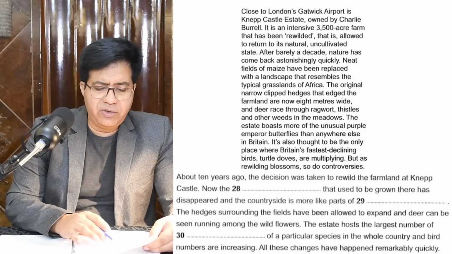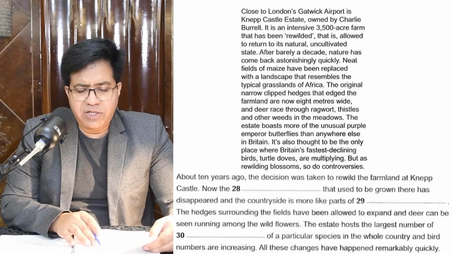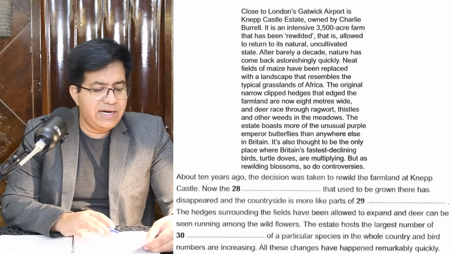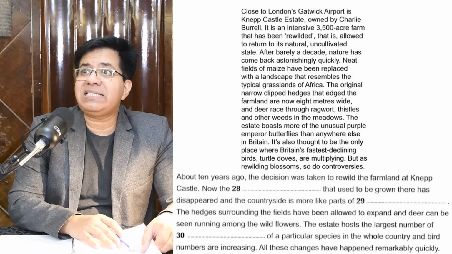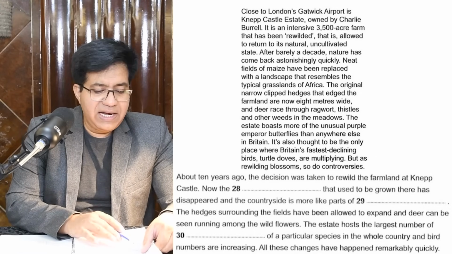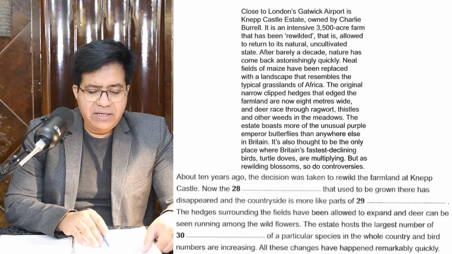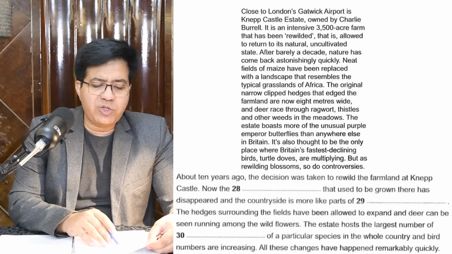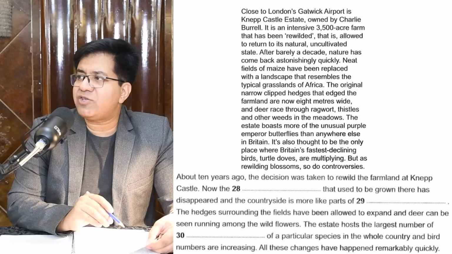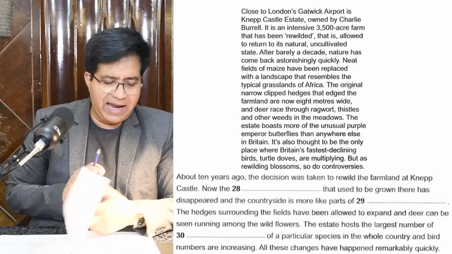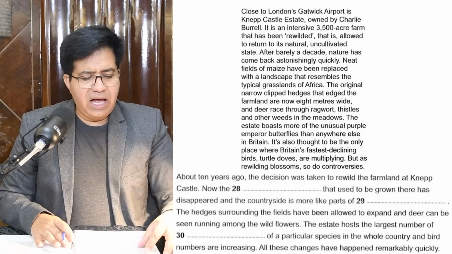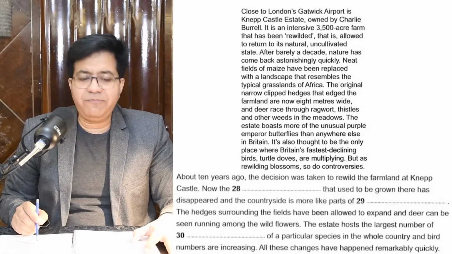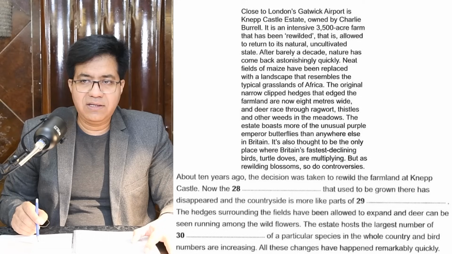About 10 years ago, the decision was taken to rewild the farmland at Knepp Castle. 10 years ago they did that. Now means present, at present. Now the dash that used to be grown there has disappeared. What used to be grown there? Wheat, rice, or anything like that. So please come back. After barely a decade. Found it? Everyone, first paragraph, 6th line.